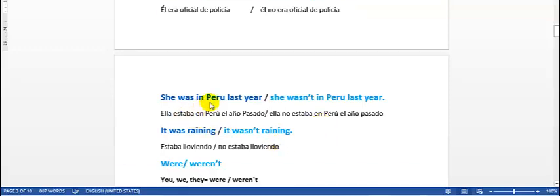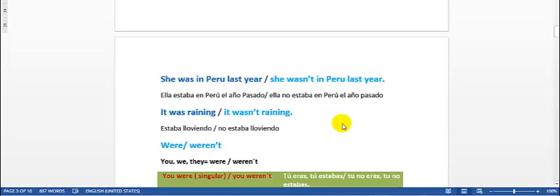She was in Peru last year. Ella estaba en Perú el año pasado. She wasn't in Peru last year. Ella no estaba en Perú el año pasado. Another example, otro ejemplo. It was raining. Estaba lloviendo. The negative form, it wasn't raining. No estaba lloviendo.